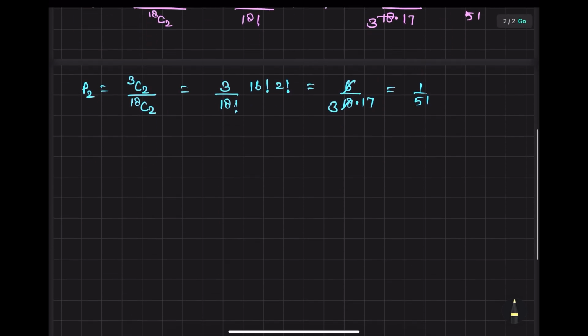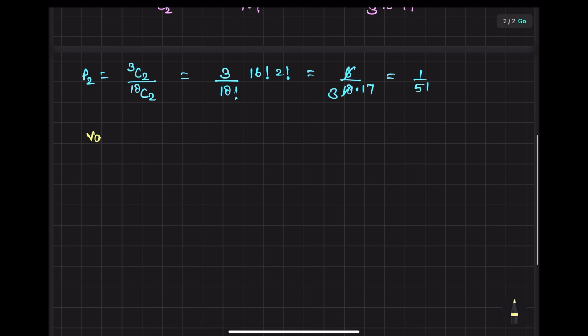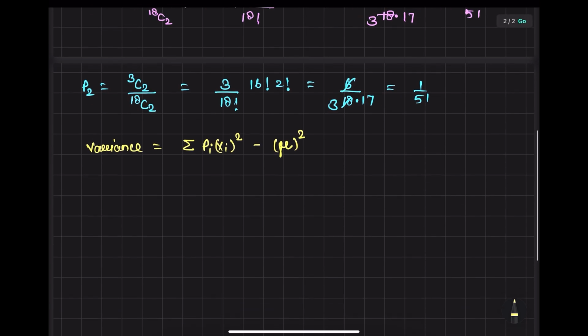Variance is summation p_i x_i square minus mean square. So first we have to find out the mean. You know that mean is equal to summation p_i x_i.